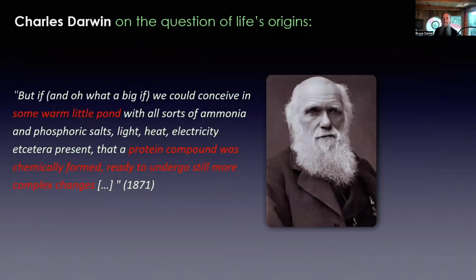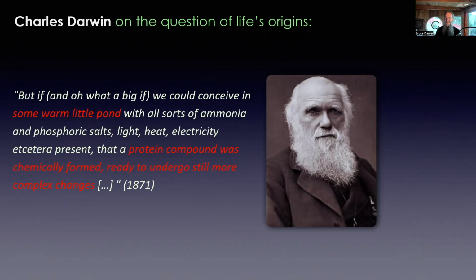So Charles Darwin, when asked about the question of life's origins, wrote in 1871 in a letter to his friend J.D. Hooker that he felt that if, and oh, what a big if, we could conceive of some warm little pond with all sorts of ammonia and phosphoric salts, light, heat, etc., present, that a protein compound was chemically formed, ready to undergo still more complex changes.